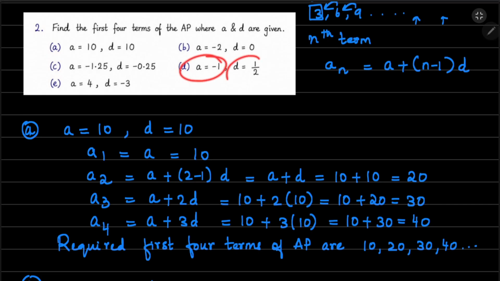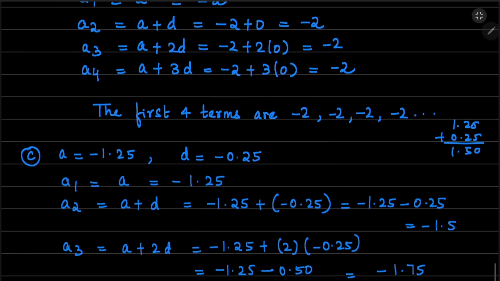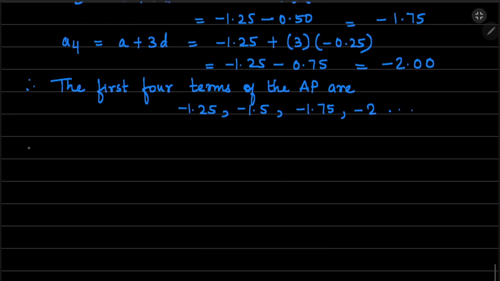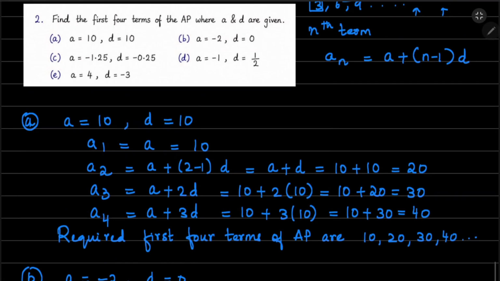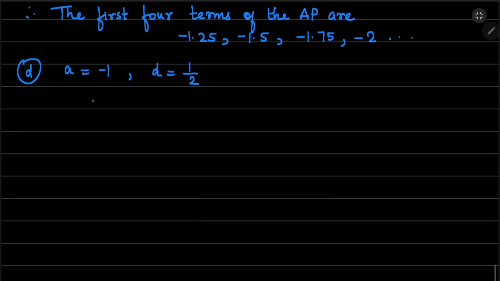So A is minus 1, D is 1 by 2. So the D part, A is equal to minus 1, D is equal to, what is the common difference? 1 by 2. So your A will be equal to, same, the first term will be minus 1. What is A2? It is A plus D. That is minus 1 plus 1 by 2.